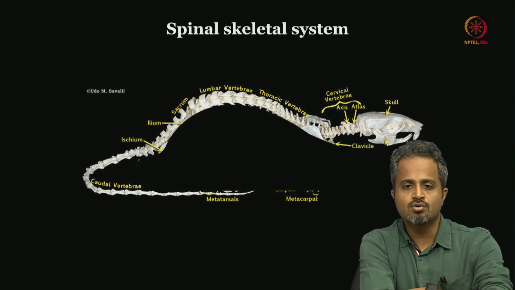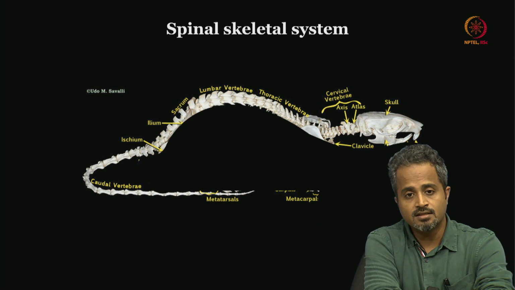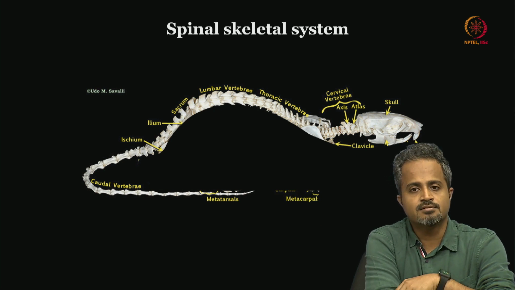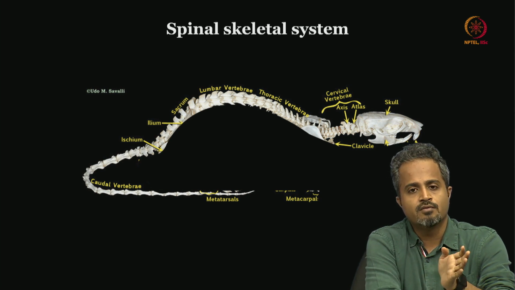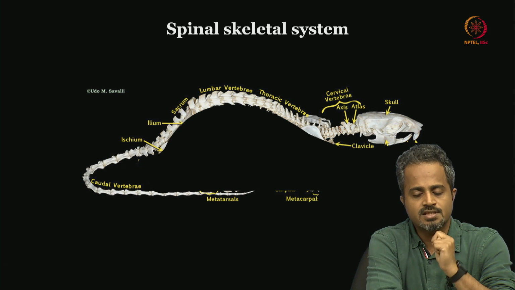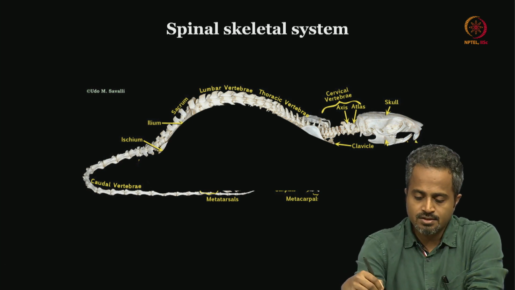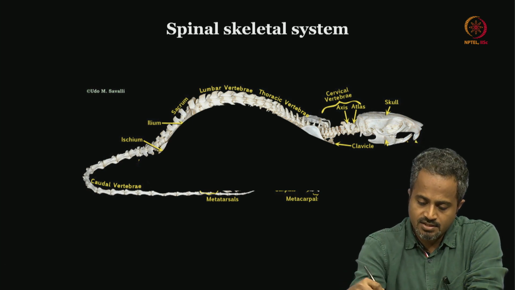So if you remove all the other skeletal system, what is left is this spinal skeletal system, where you can appreciate the various segments of vertebral anatomy which I just described. So as I said, that is where the skull stops.